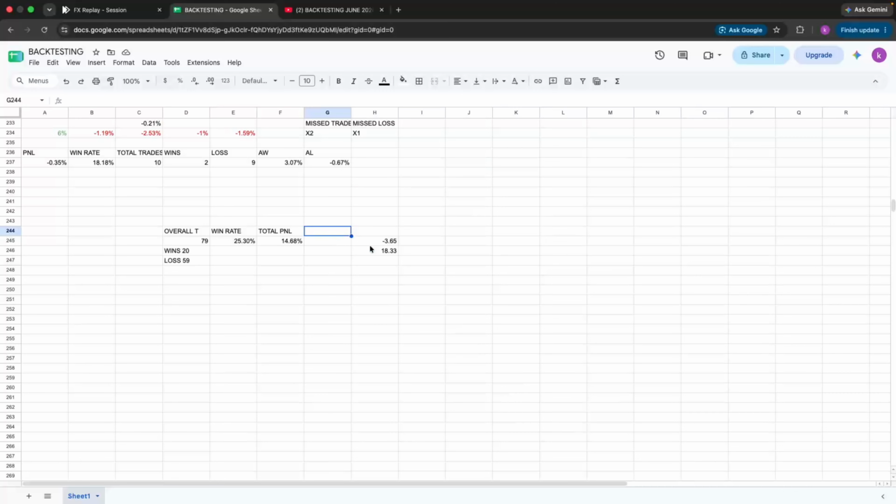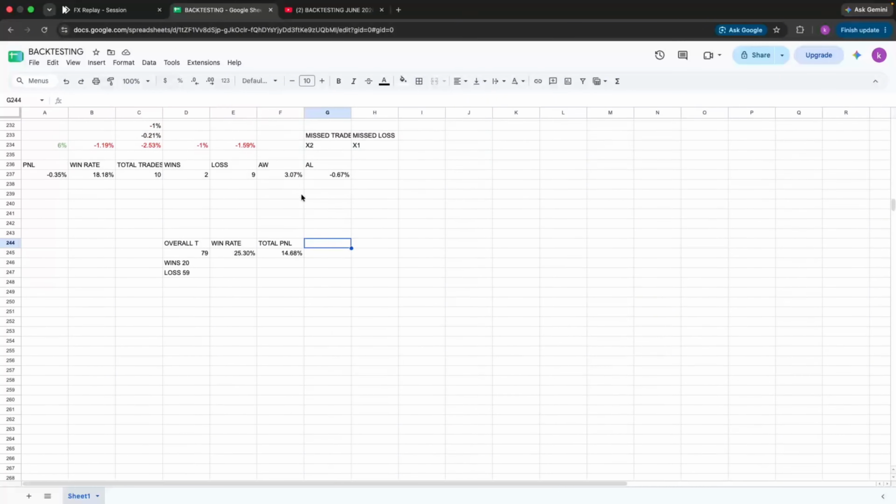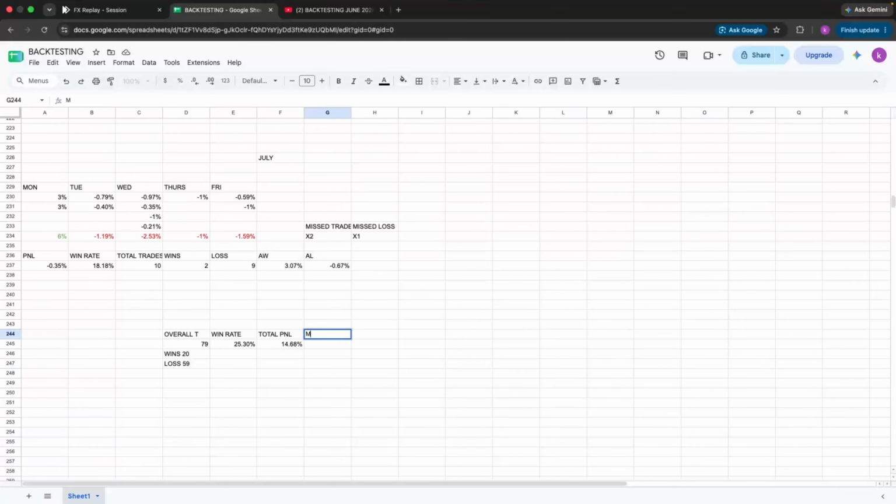Okay, that's the total P&L. Overall trades 79, wins 20, losses 59, win rate 25.30%. Total P&L is 14.68%. And now months, winning months, losing months.